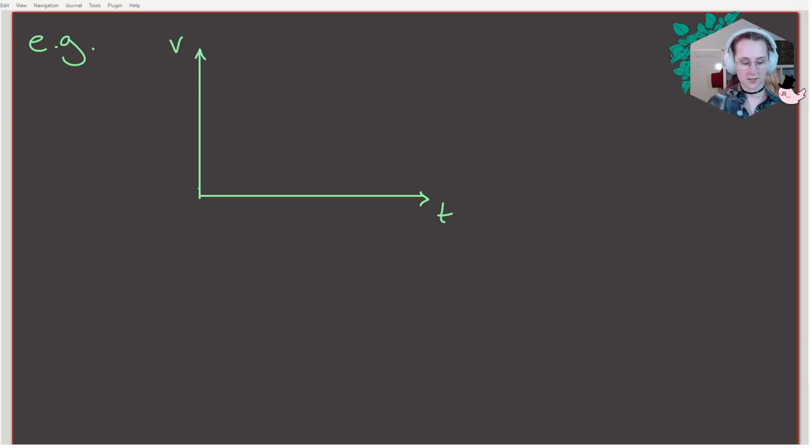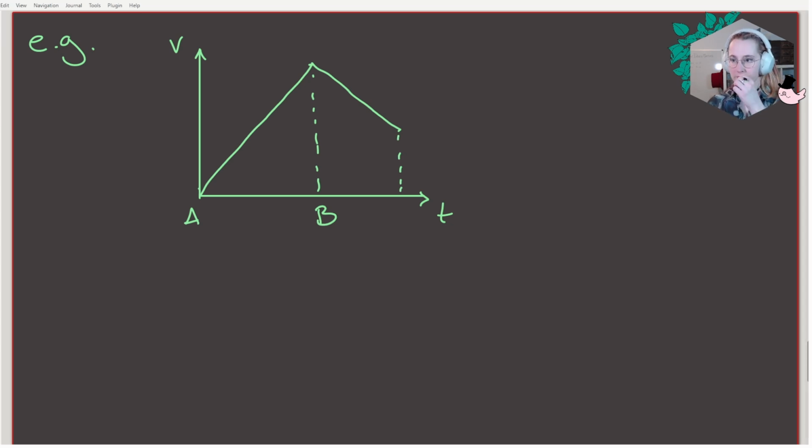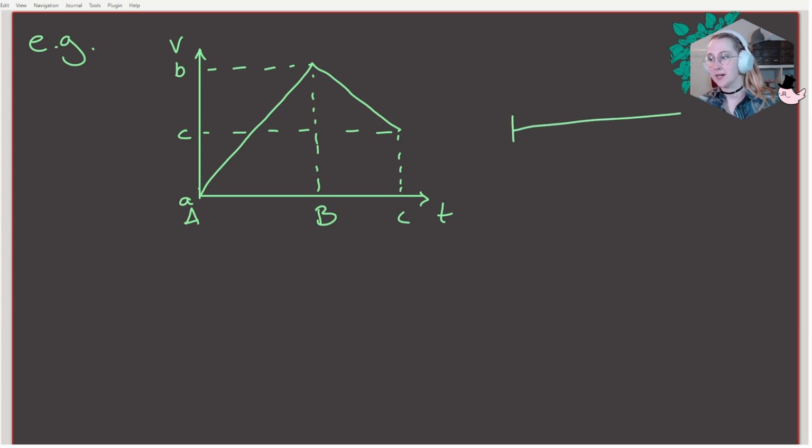So V, E. And if our plot looks like this, at our 3 different times, and then let's call this point A, point B, and point C.